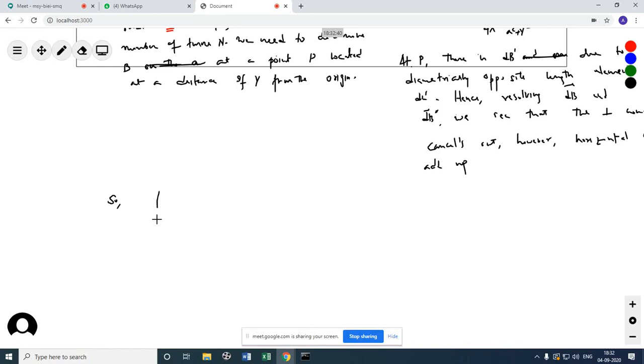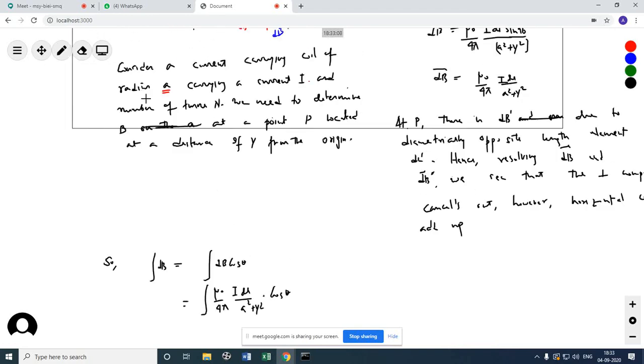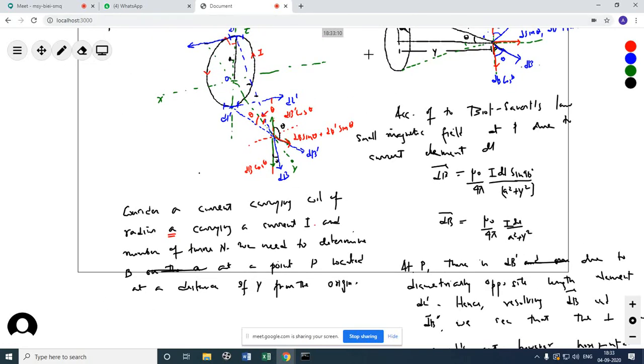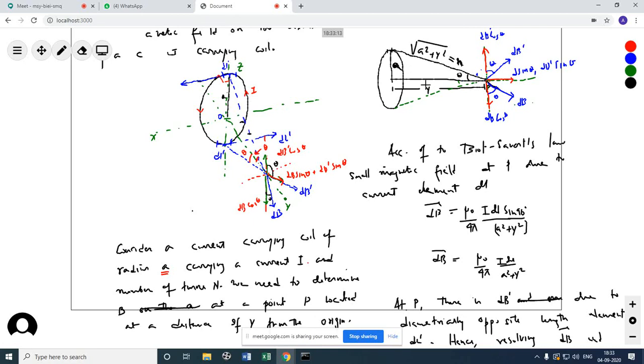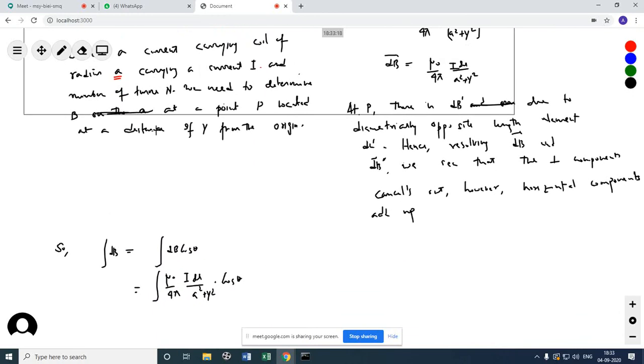So that means this is dB cos theta, dB prime cos theta, and this is dB cos theta, and here we have the complete one, right? Here we have dB sin theta plus dB prime sin theta. Sorry, it was going to be a major mistake.